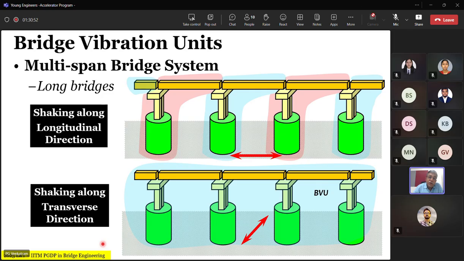Yes or no? Or have you always done the transverse direction with the full bridge as a single inertial mass unit? So you have done it. So what is the assumption behind it? There is an assumption behind it, right?